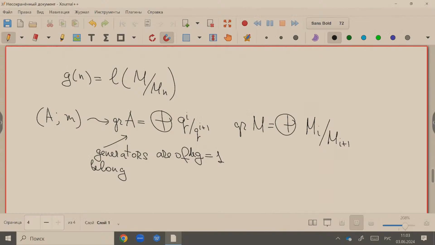Since they belong to Q, they are all of degree 1. And this means that, since the generators are of degree 1, our function, as I have noticed, looks like this.